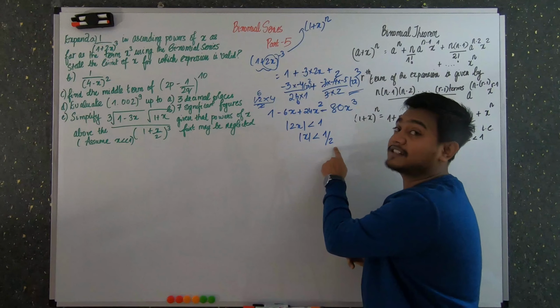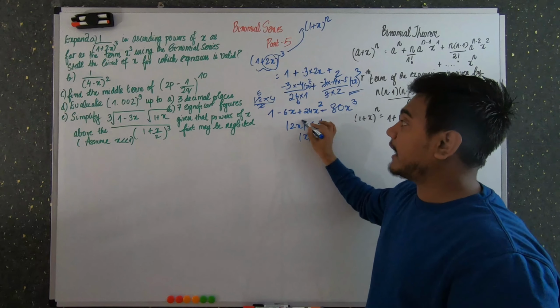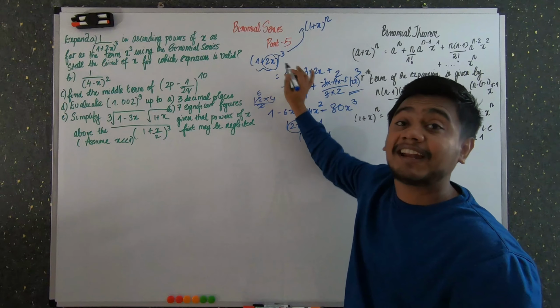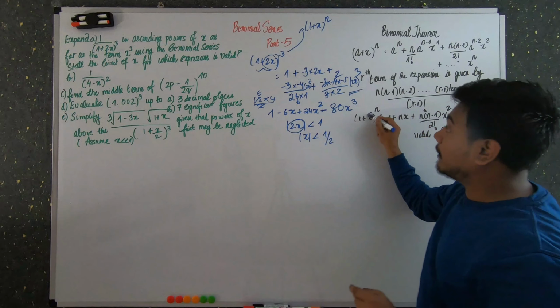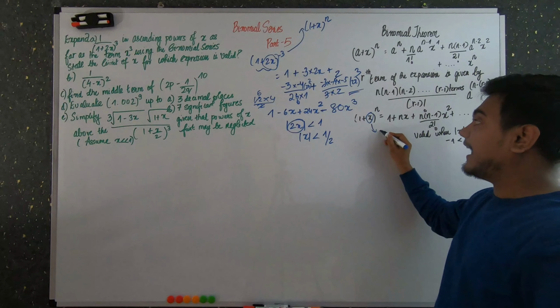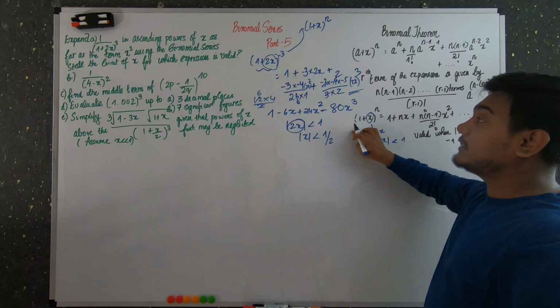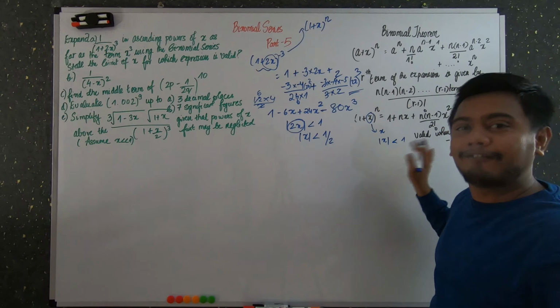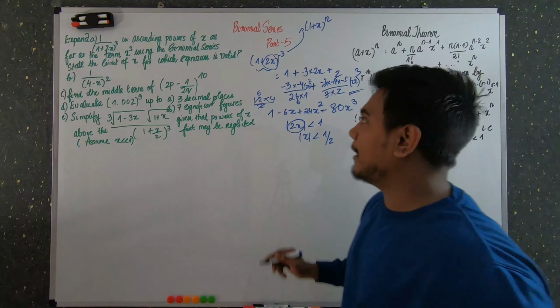This 2 goes to this side, and that's how we find the value of mod x. Why did I write mod of 2x? Because our second term is 2x. In our formula it is just x. That's why the second term must lie between minus 1 and 1. Then only this formula is valid. I hope it's clear. So that's all for the first problem.